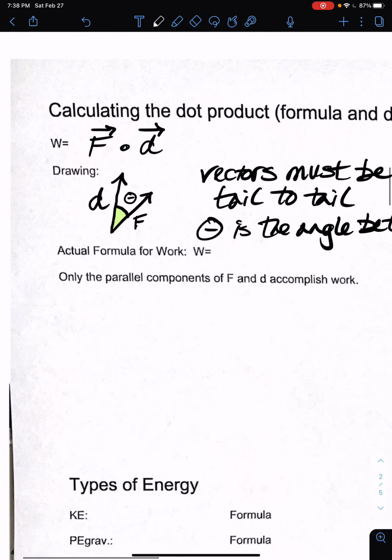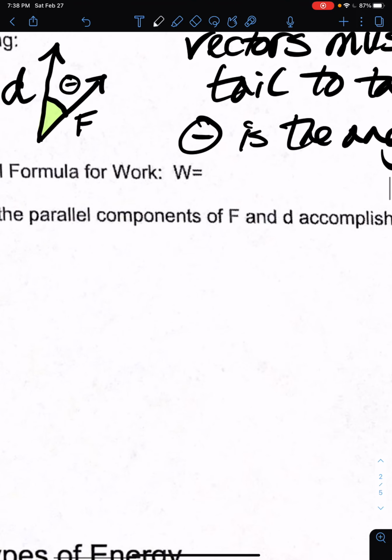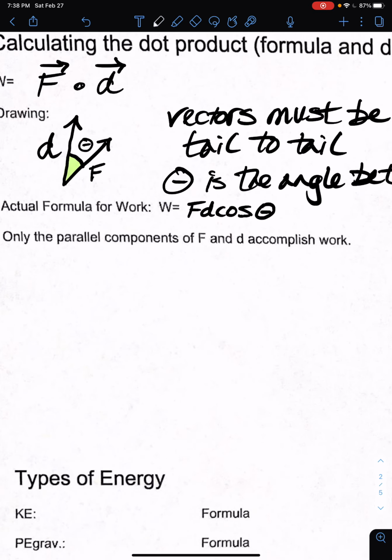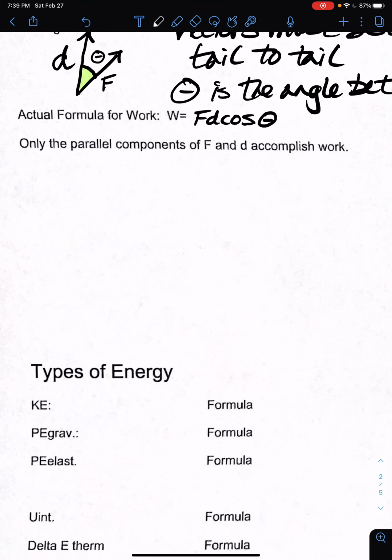Okay. So when we multiply the vectors, what happens is the formula changes. The formula we actually use, and the one we'll use the most in this class, is going to look like this. W equals FD cosine theta. And what am I saying with this, right? What I'm trying to say is a couple things.